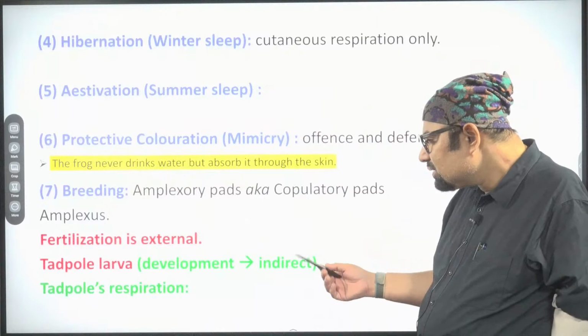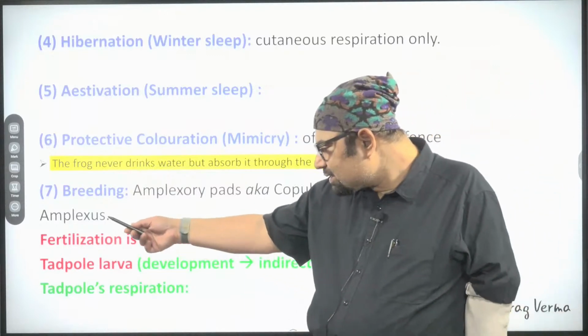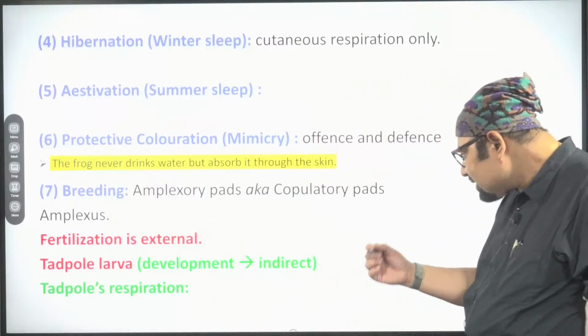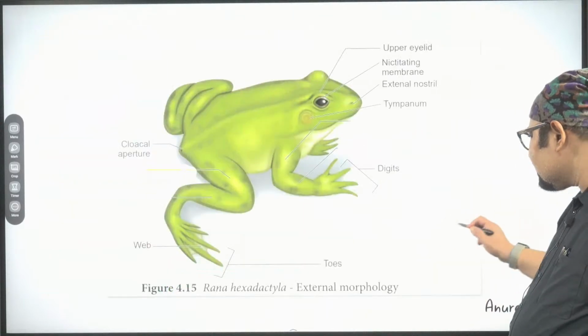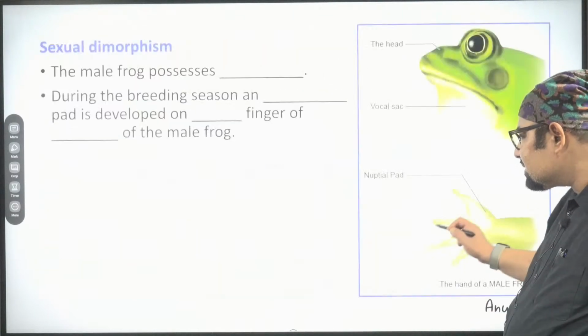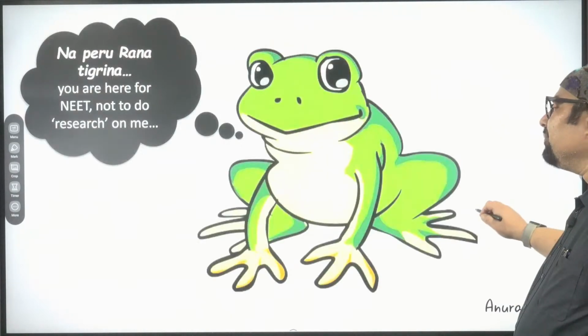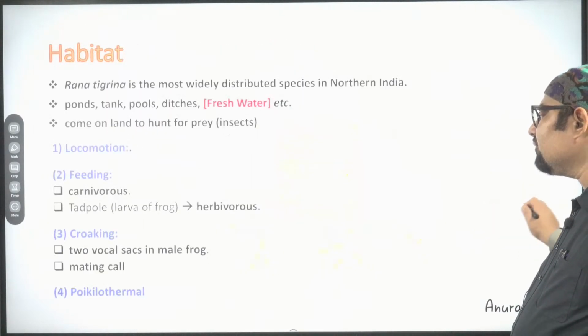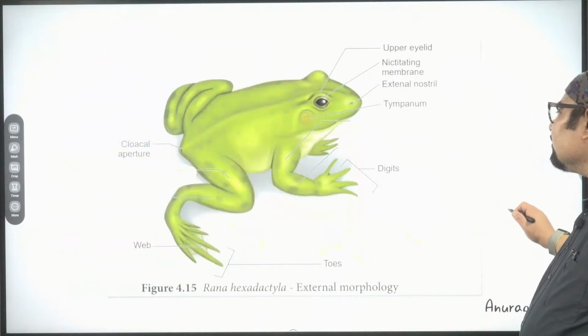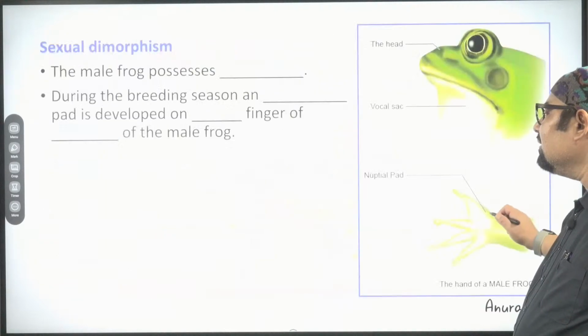And so this, what I said, is amplexus, okay? I was explaining what the function of that is. Even if we hold the frog, it is so slippery that it can slip away.